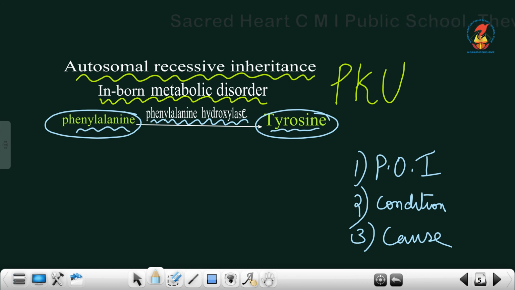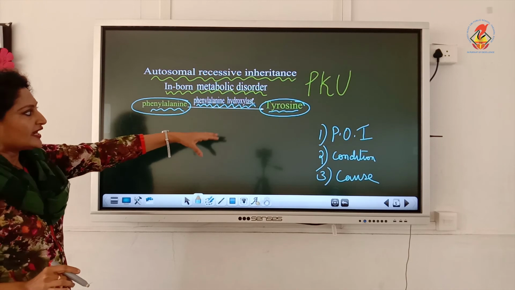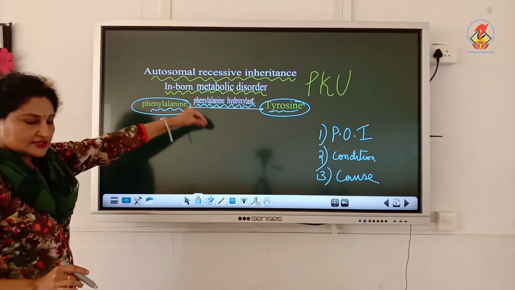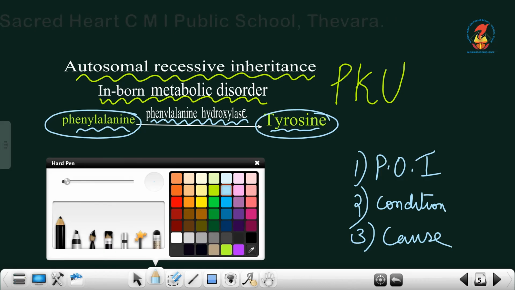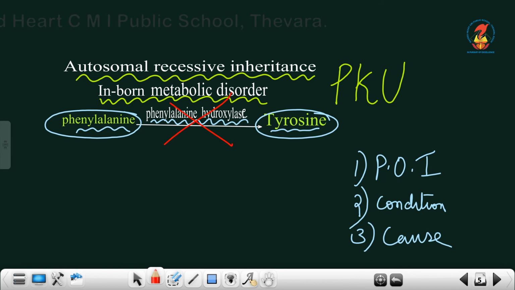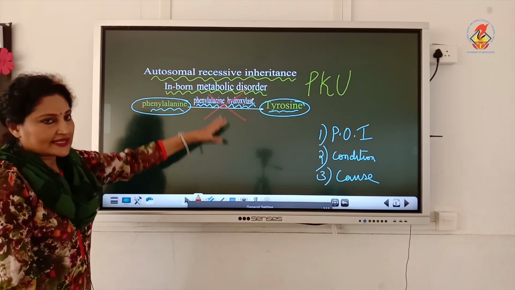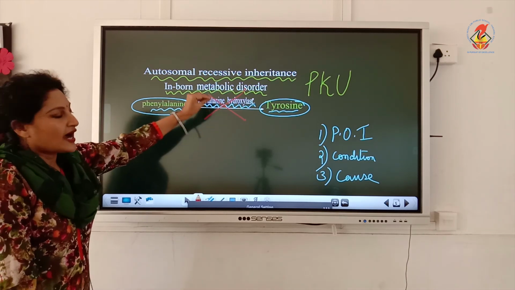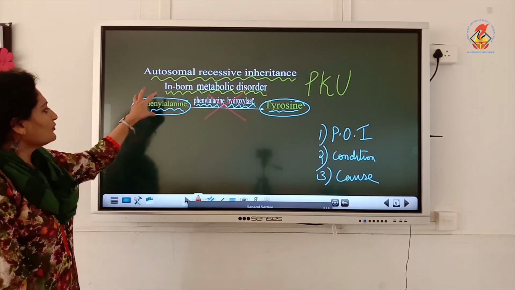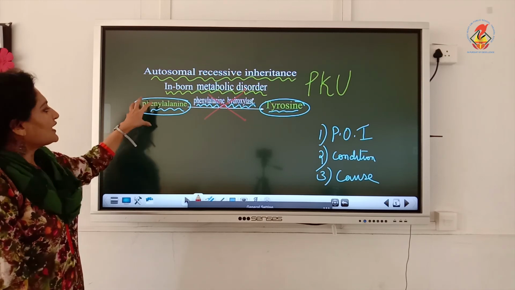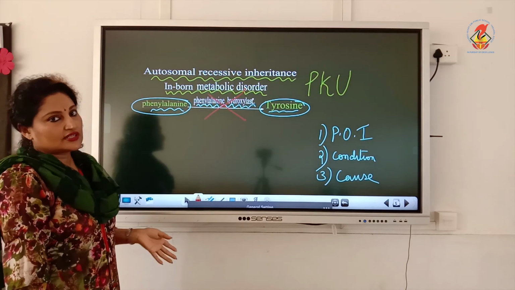But in phenylketonurics, in this defect, what happens? This enzyme is absent due to mutation. It is lacking. So, will this conversion take place? Phenylalanine to tyrosine? It does not take place.